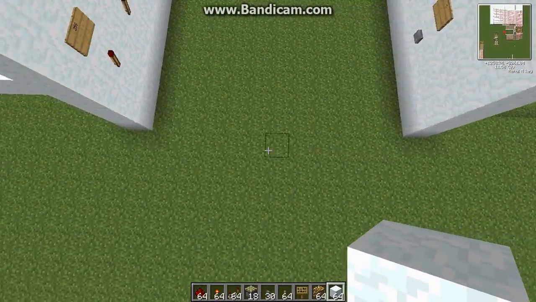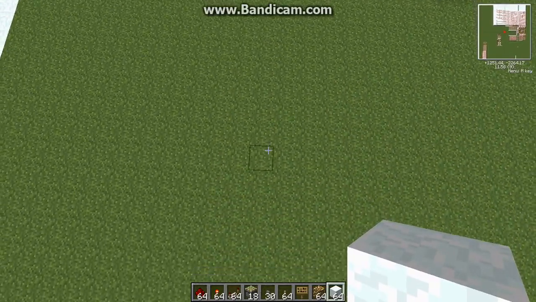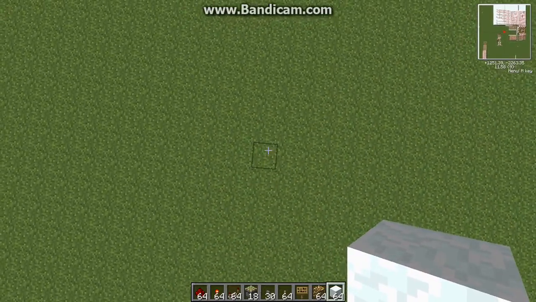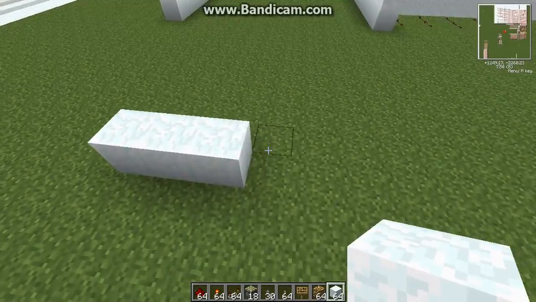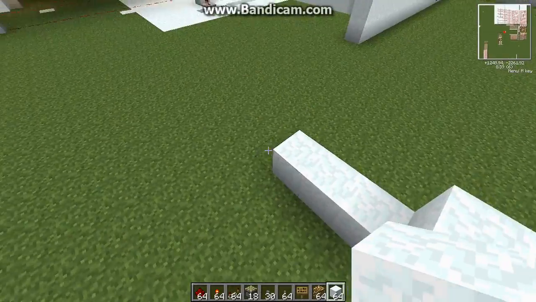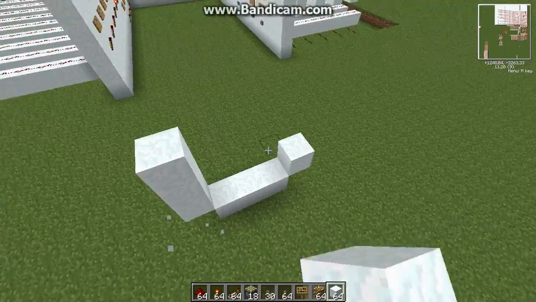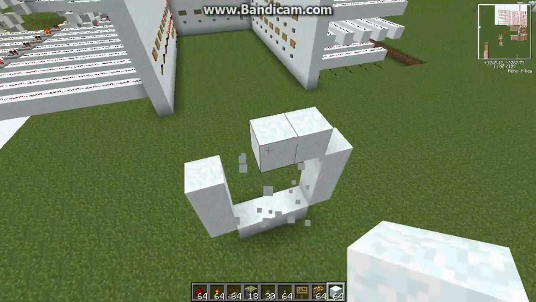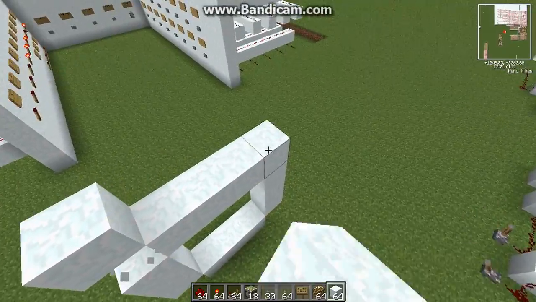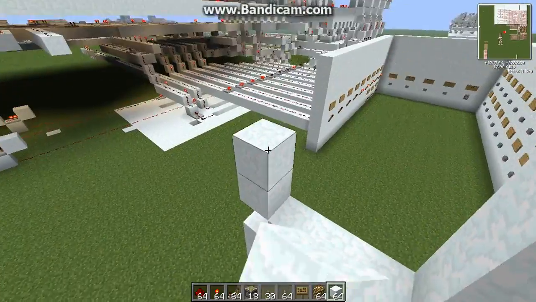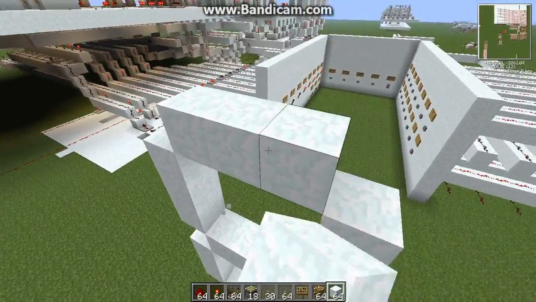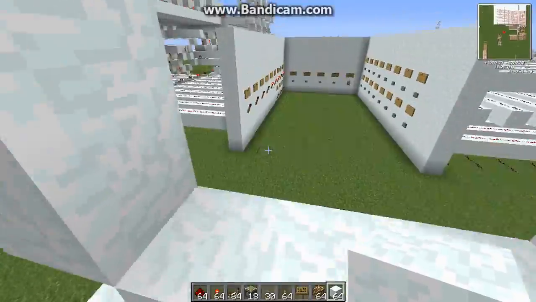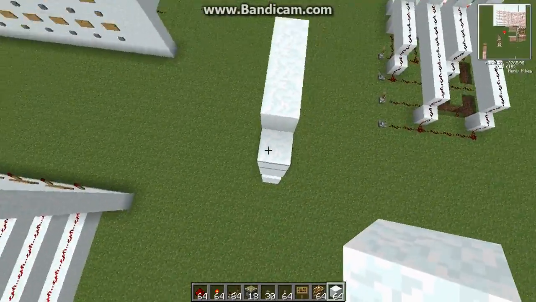I'm just going to start with what's theoretically going to be the middle digit here, and work from there. So first I'm going to build the digit, and then I'll just sort of move it into place. That's the way I'm going to do it. So again, if you're not using World Edit, you may wish to wait until we have this whole thing set up the way it should be.